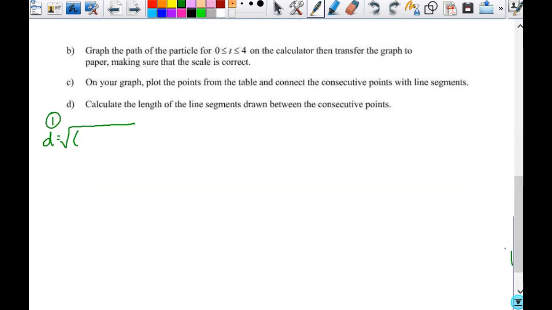So that's going to be -1 minus 1 squared plus -1 minus 0 squared. So that's going to give me the square root of -2 squared plus -1 squared, right? Square root of 4 plus 1, so I get the square root of 5. That's the length of the first one. Simple distance formula.